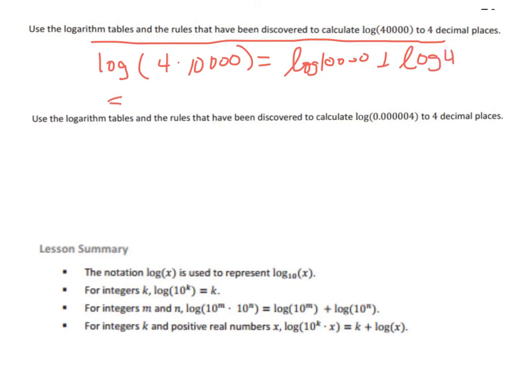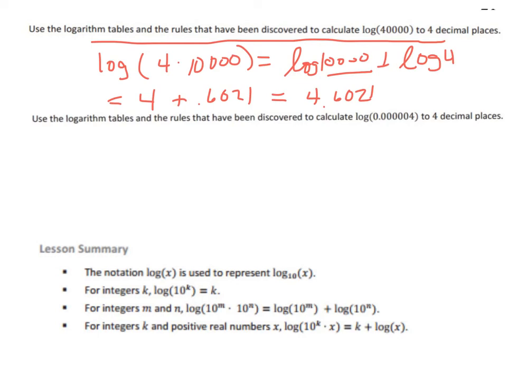Which means I get the whole number, 4 decimal spots there, so 4 there, plus the piece from there, log of 4 is 0.6021. So my final answer, 4.6021. And if you use your calculator, you will find that to be true.